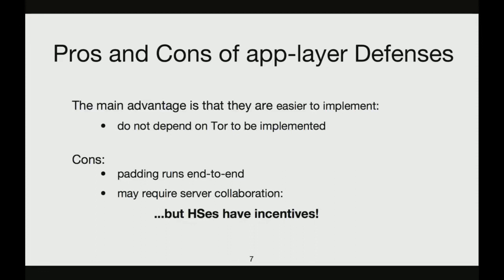And depending on how they are designed, they may require server collaboration. But this is not a problem for us, because since we are taking the case of hidden services, we assume that hidden services are interested in providing privacy to their visitors, so they probably have incentives to support these defenses.